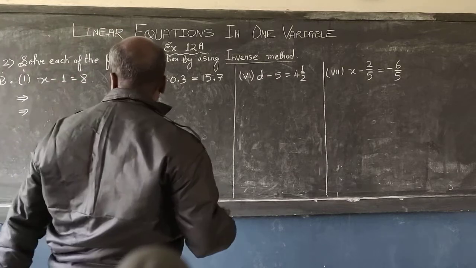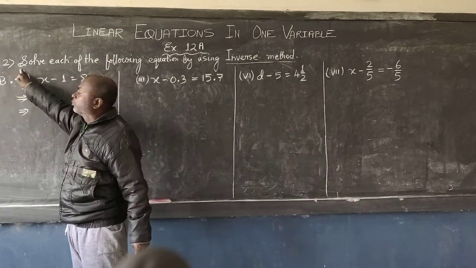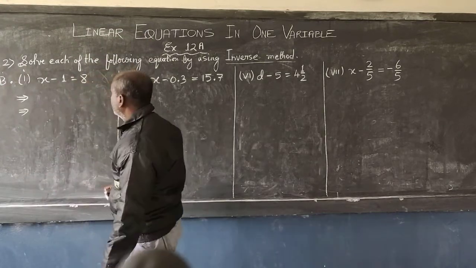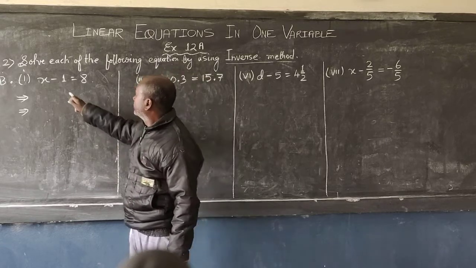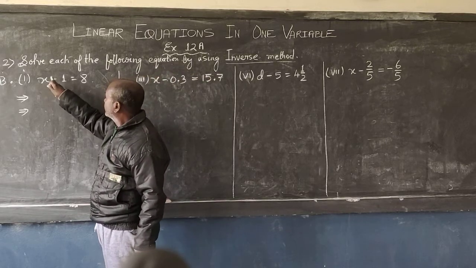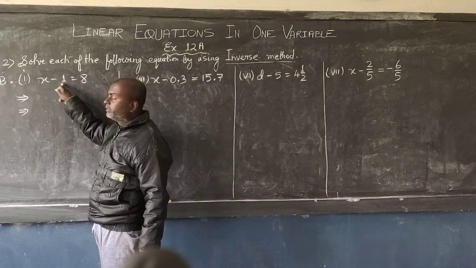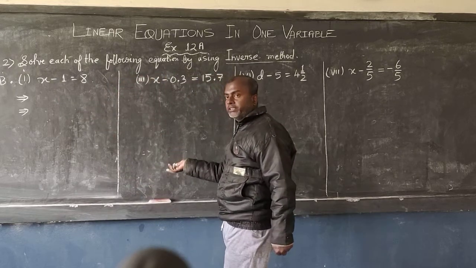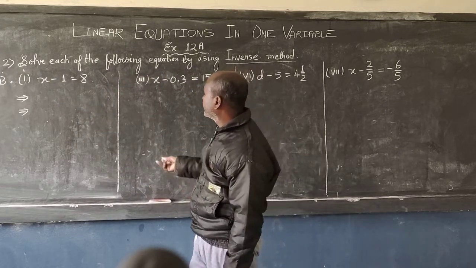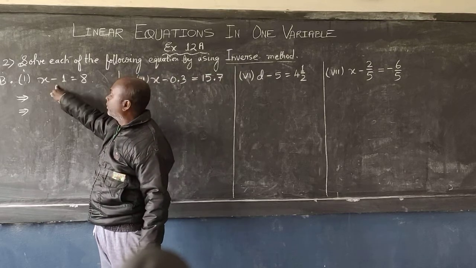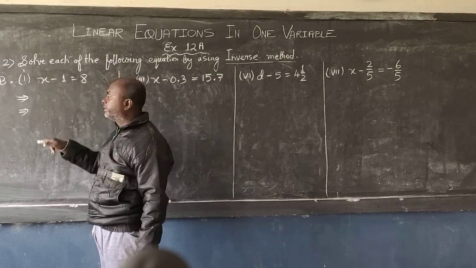We come to the second category now in question 2 part A. In this one we have the variable with the minus constant. In the previous part, we had seen that the variable had plus constant, plus a number with it.